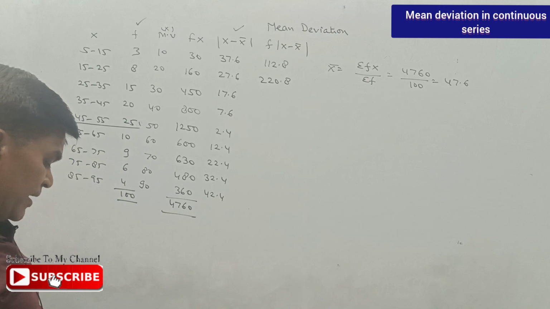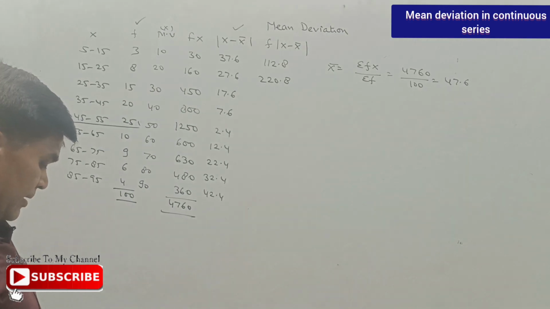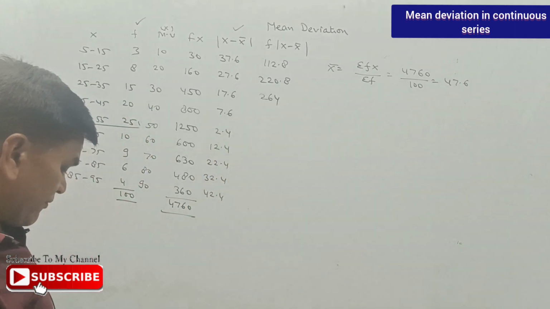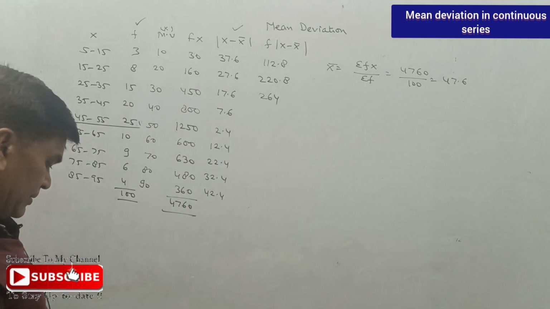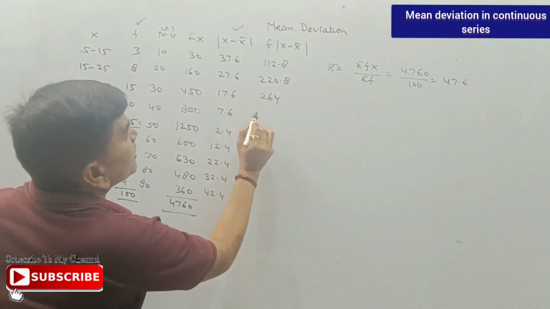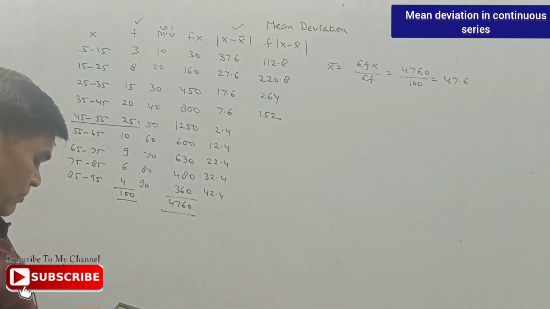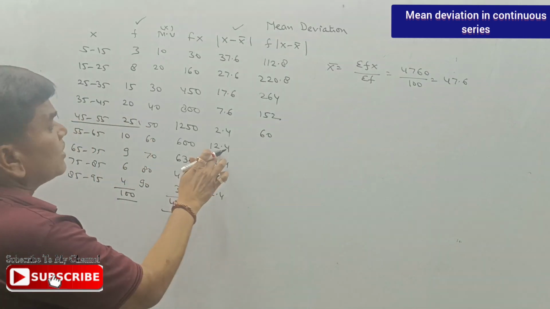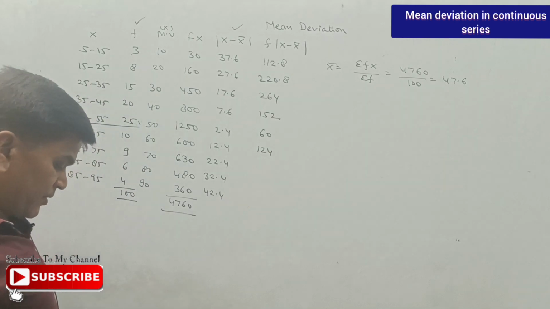Next, 17.6 multiplied by 15 is 264. Next, 7.6 multiplied by 20 is 152. 2.4 multiplied by 25 is 60. 12.4 multiplied by 10 is 124.